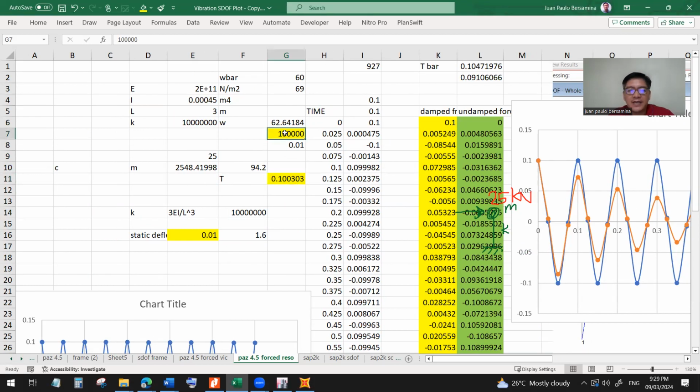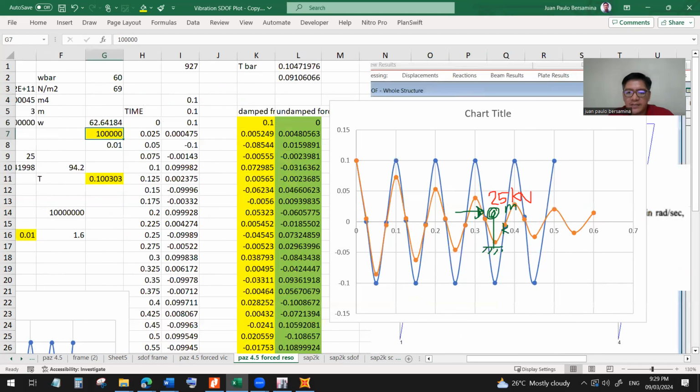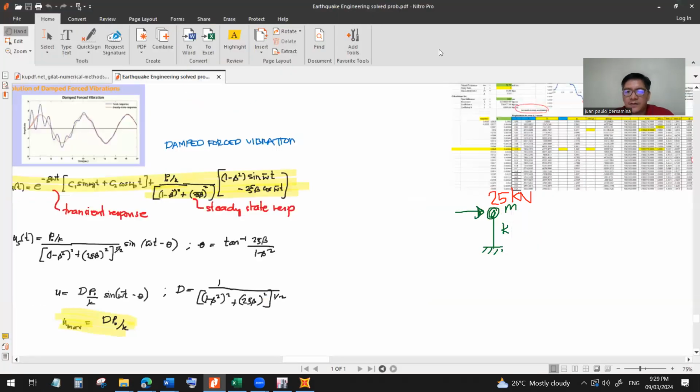Now, I'll be applying, for example, 100 kilonewton. So, the applied force will be 100 kilonewton sine omega bar t.